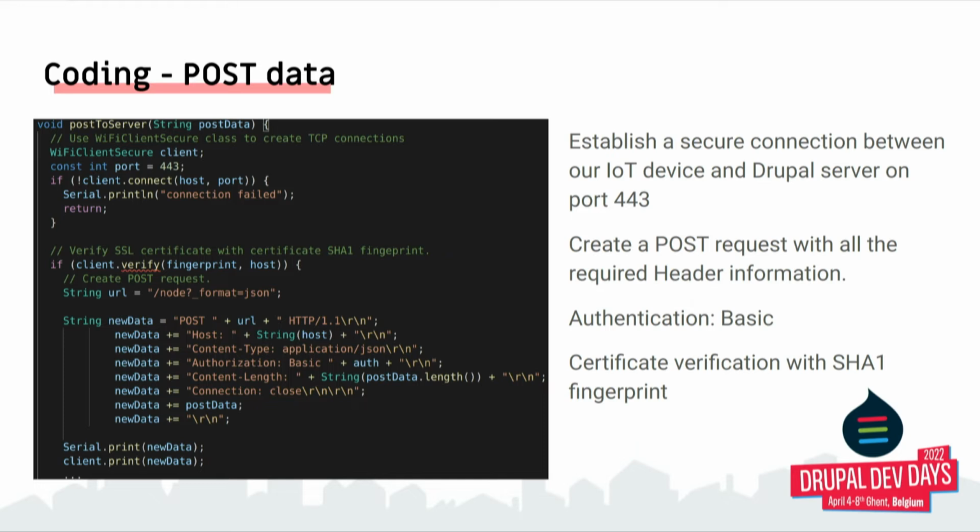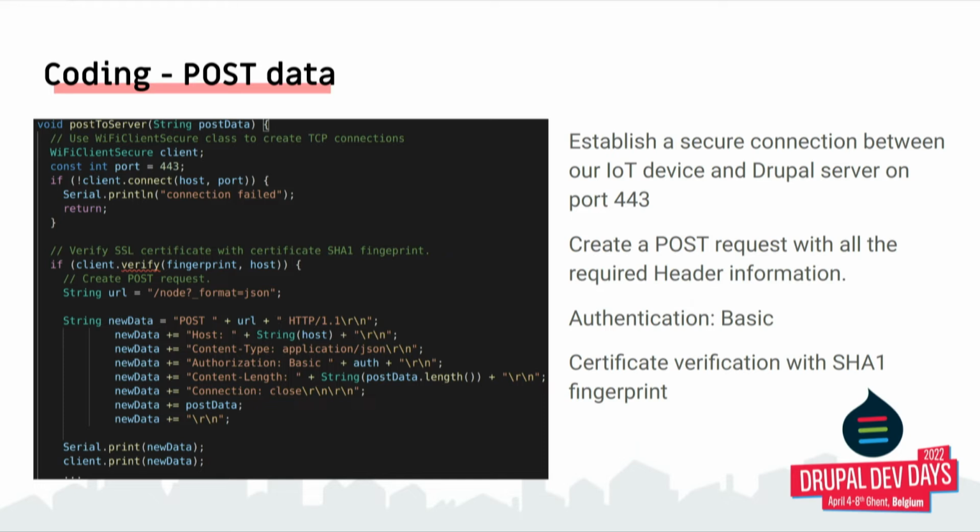So this code needs to be updated. But to explain briefly, it just tries to verify the fingerprint which you get from the server website. You generate this fingerprint, the SHA, and the client verifies if that fingerprint is right, so it knows that it talks with the right server.